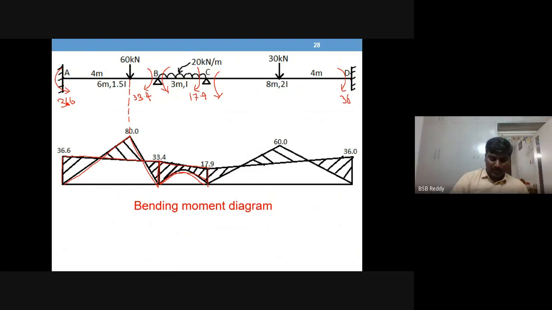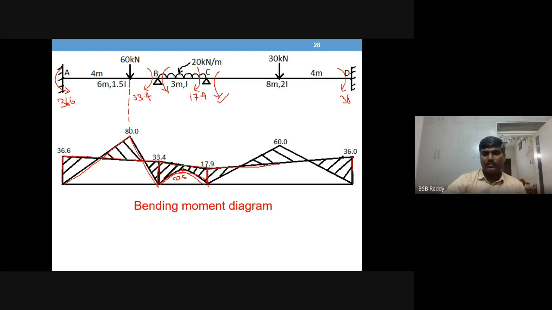It is 20 into 3 square divided by 8, 22.5. So this maximum value is 22.5 kilonewton meter.